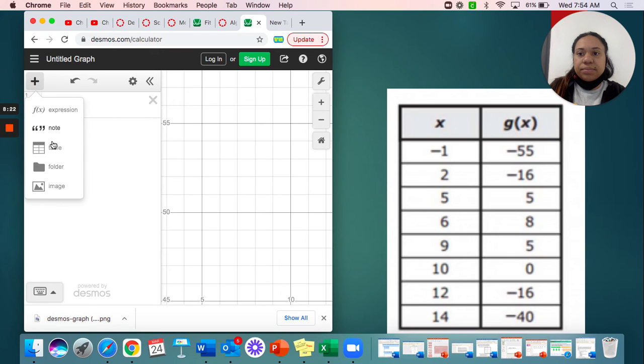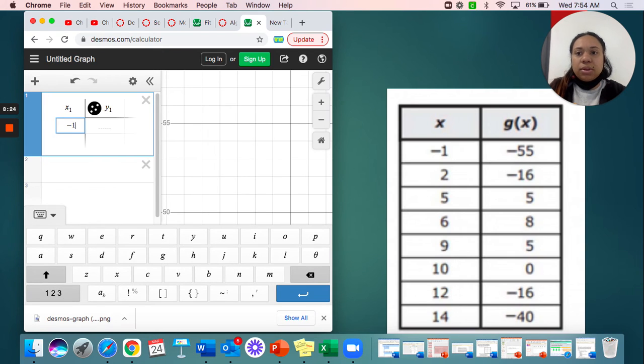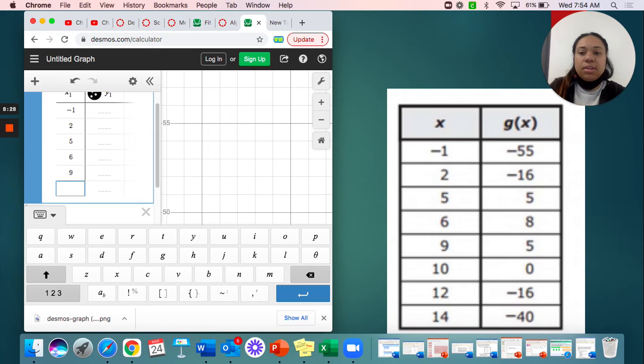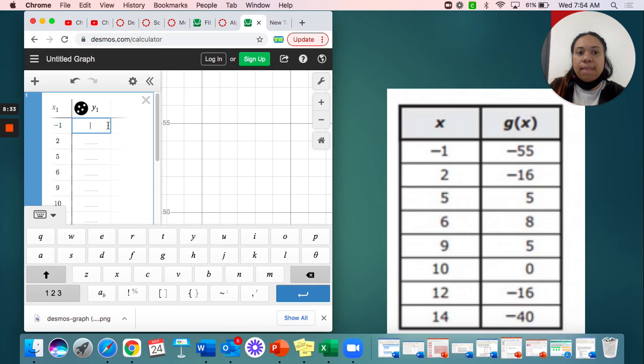All right. So negative 1, 2, 5, 6, 9, 10, 12, 14. Negative 55, negative 16, 5, 8, 5, 0, negative 16, negative 40.